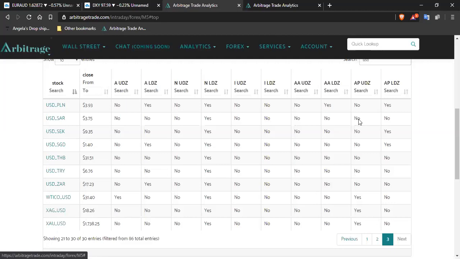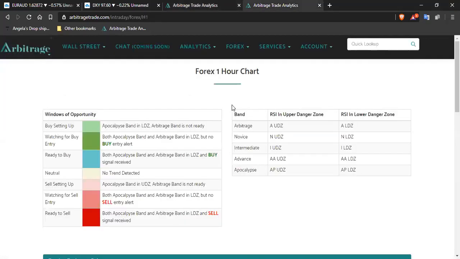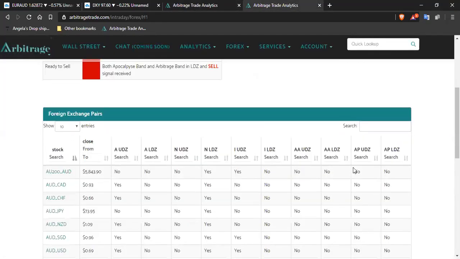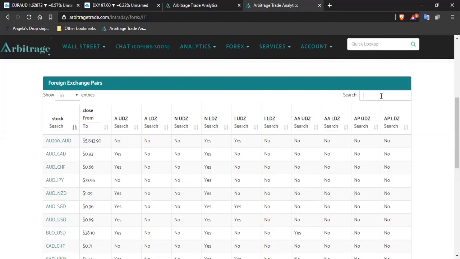They're all at the 5 minute upper danger zone. So silver, gold, and oil are all at the upper danger zone, right? And so go to here on the Forex 1 hour chart and just confirm those.